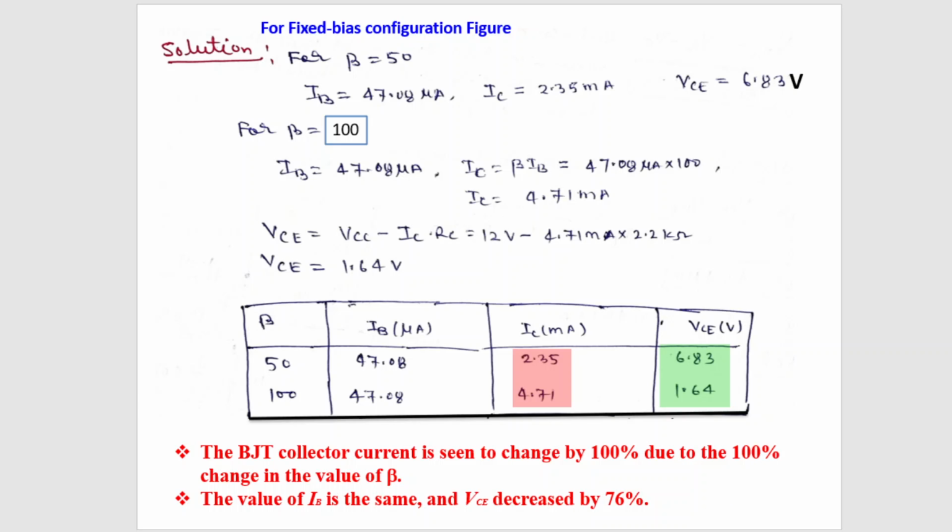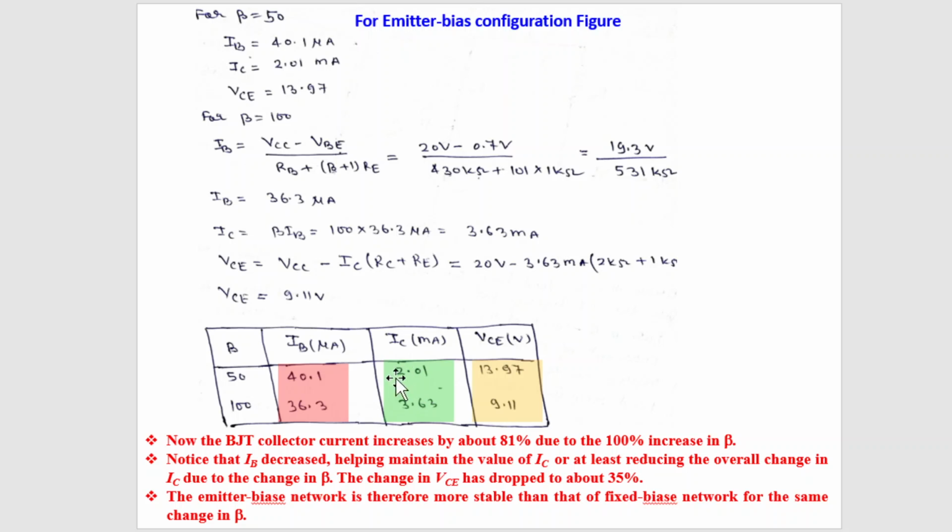That is the difference. That means in emitter bias configuration, collector current is changing less with respect to the fixed bias configuration.